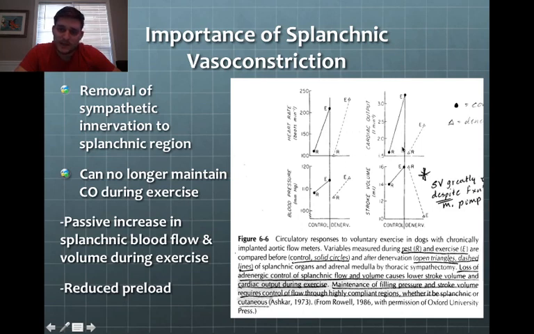And we see that the main thing here is that our stroke volume is going to be reduced dramatically during exercise. And you see a consequence of that is that our cardiac output during exercise is reduced dramatically, right? And so, we see some compensation here that heart rate is going to increase.